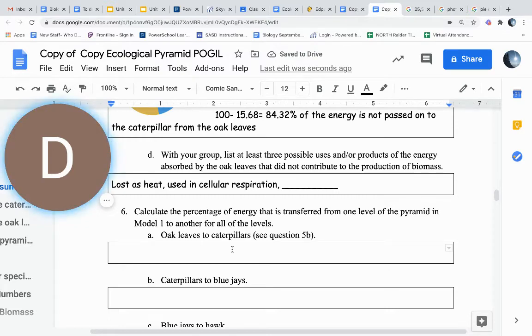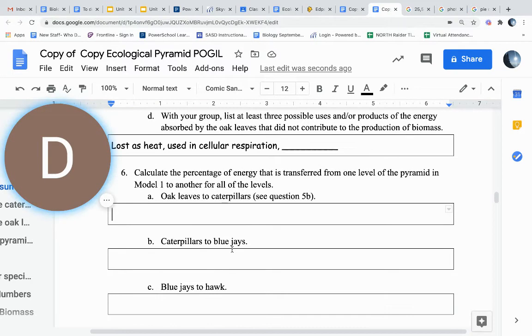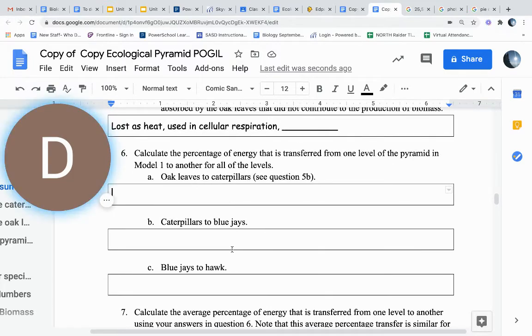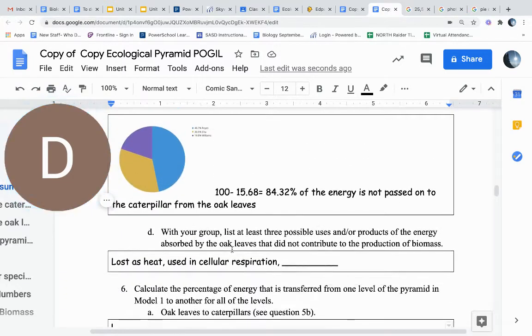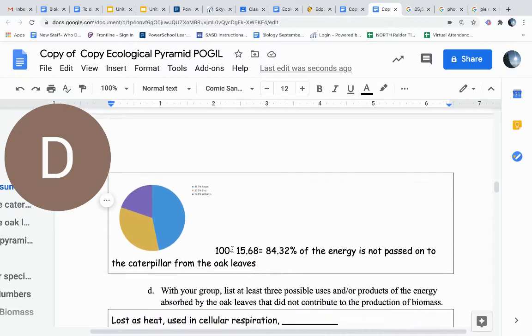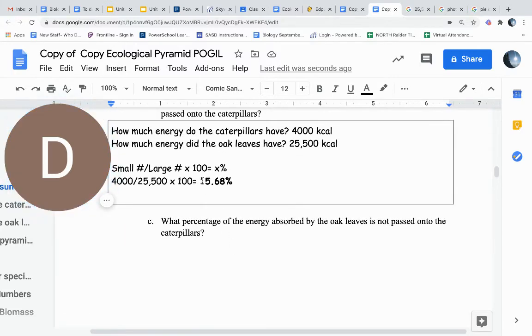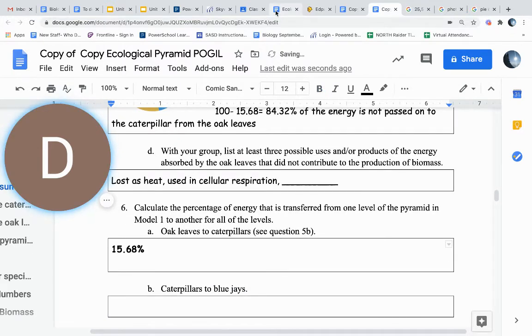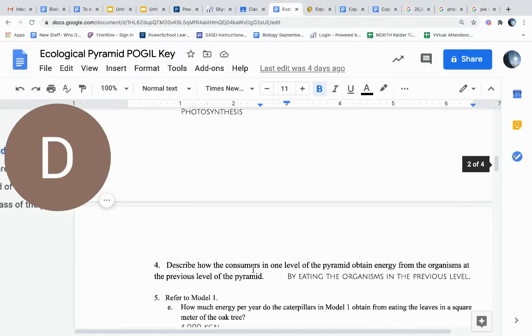All right, so number 6, calculate the percentage of energy that is transferred from one level of the pyramid in Model 1 to another for all of the levels. So if we think about that, oak leaves to caterpillars, we already know. Oak leaves to caterpillars was this value. Let me just double check that that all makes sense.